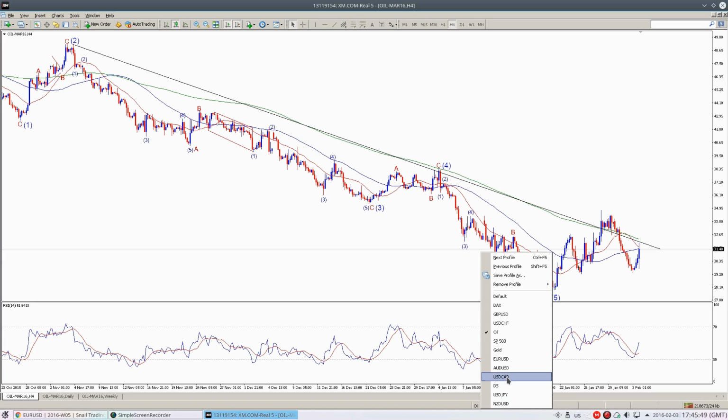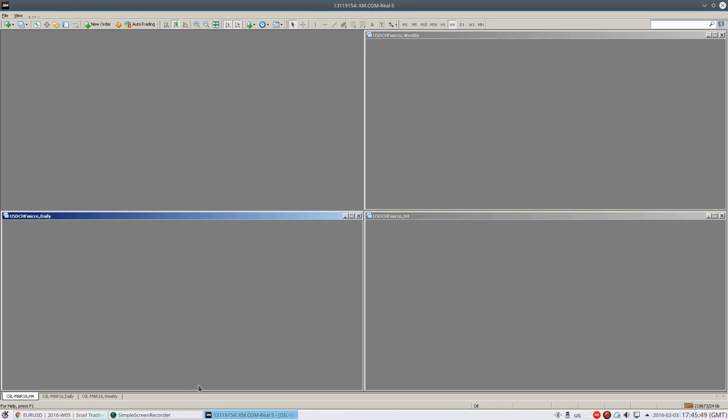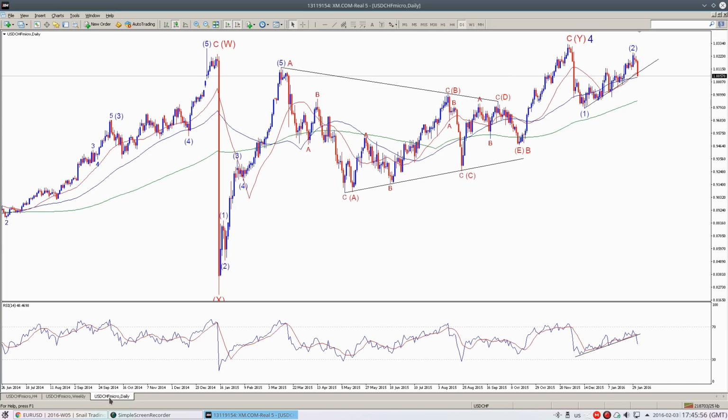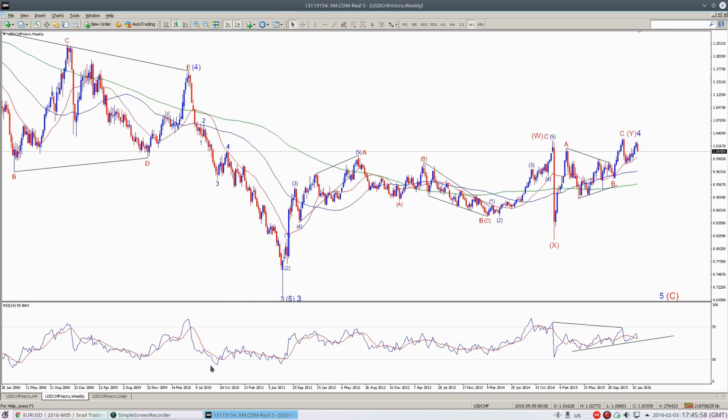Let's see now the Swiss franc, another game changer here today. This was the trade of the year, as I said in Snail Trading, and I expected this pair to continue to around this level to the upside.